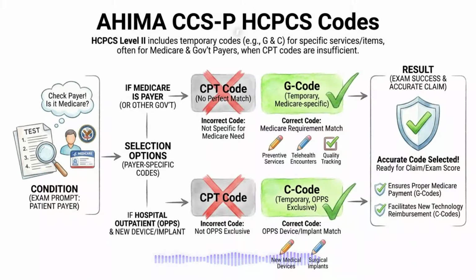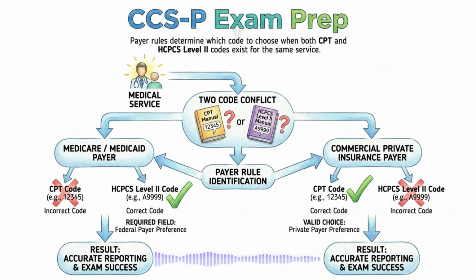C codes are temporary codes used exclusively for the hospital outpatient prospective payment system, particularly for new medical devices and surgical implants. While taking the exam, you must always read the prompt carefully to see if the patient is covered by Medicare, as this often dictates the use of a G code.